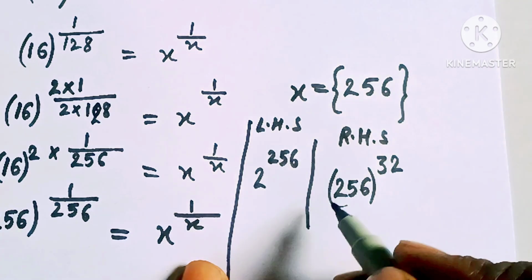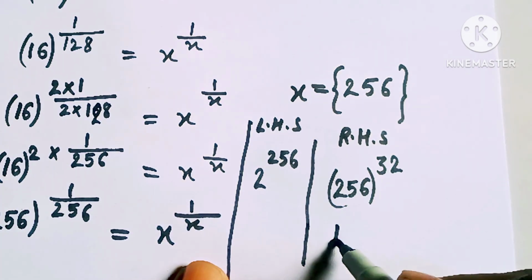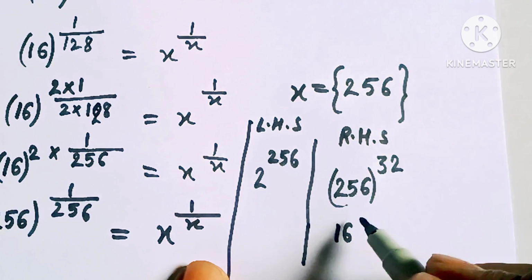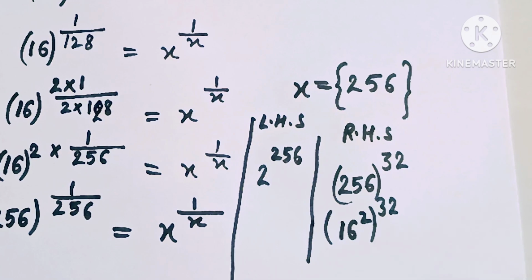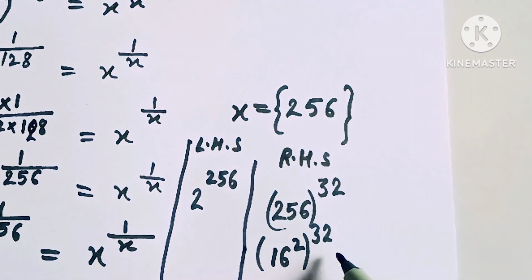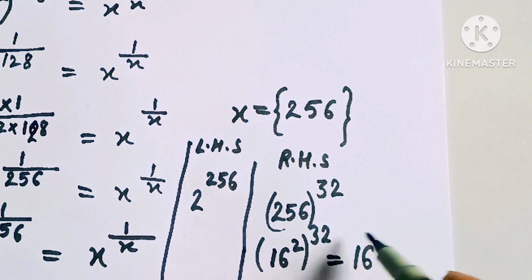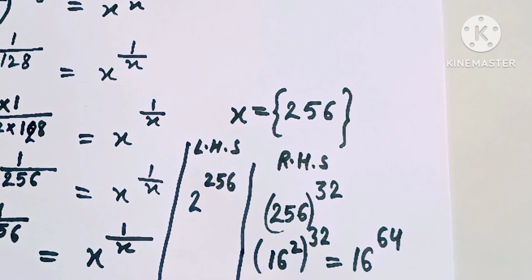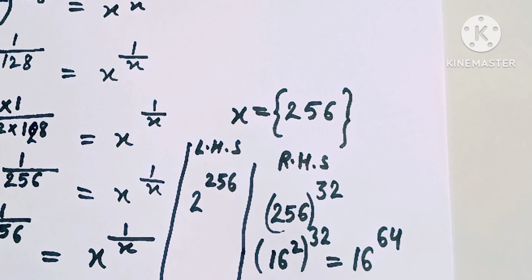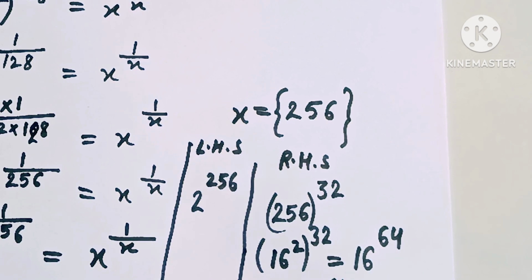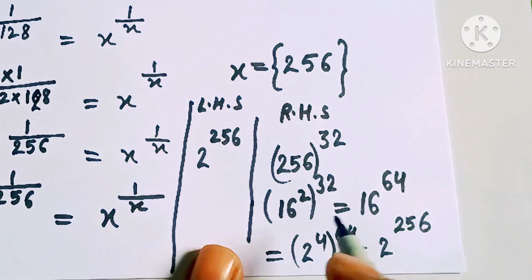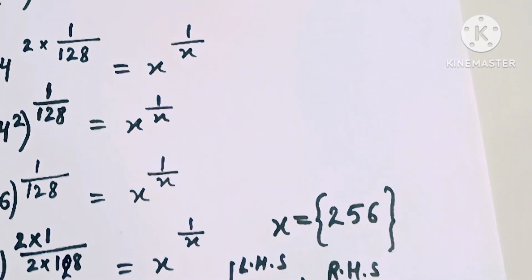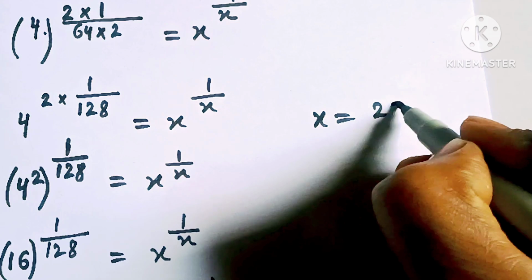I need a base of 2 here, so 256 can be written as 16 to the power 2, raised to the power 32. 16 is 2 to the power 4, and 2 into 32 is 64, so it will be 2 to the power 4 multiplied by 64, which is 256. So you can see that LHS and RHS are both the same. So we can declare the value of x as 256.